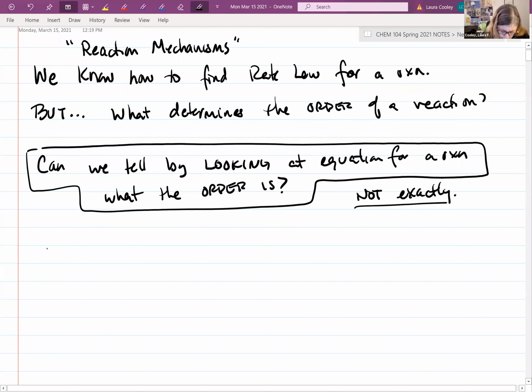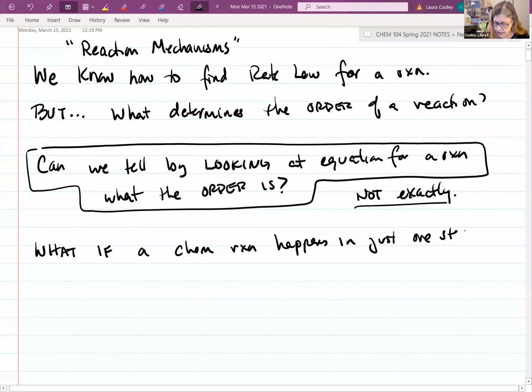Okay. So what if a chemical reaction happens in just one step? This reactant, A, just sits there and turns into something else in one chemical event. Okay, it just turns into a product. You could say it just decomposes.